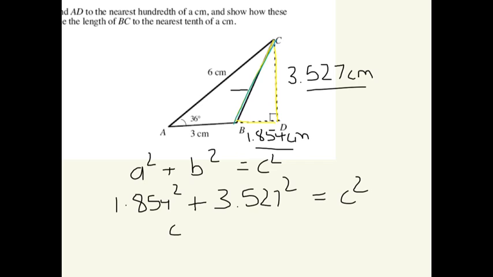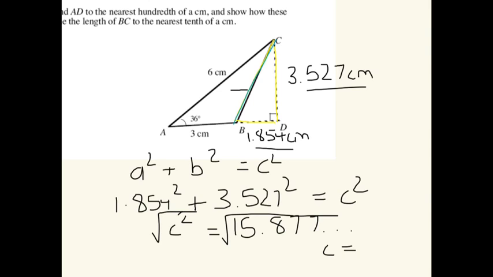C squared, when you work that out, is going to be 15.877, around there. Now, of course, we're looking for c, so you have to take the square root of 15.877. And so you'll find, to the nearest tenth of a centimeter, that c is equal to 4.0 centimeters.